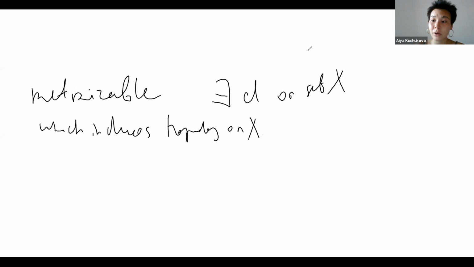So as you can see, not all sets can be metrizable, which is bad, because it means that it's harder to work with them. But a lot of nice sets are metrizable, so that's good because we know more about them, we can quantify them.